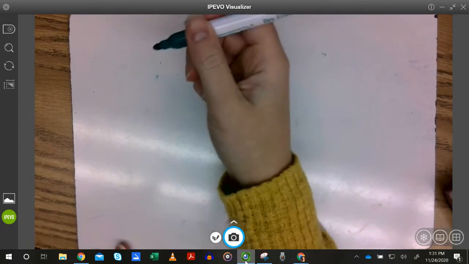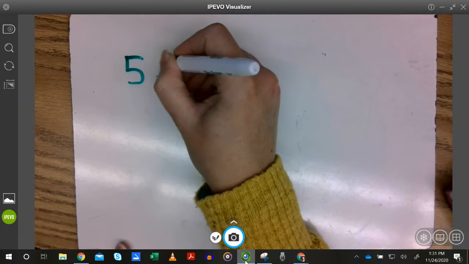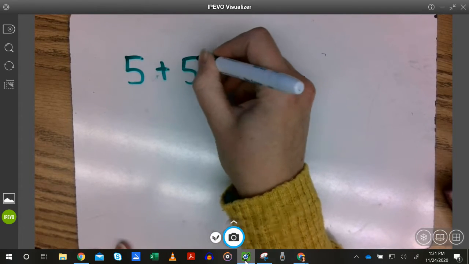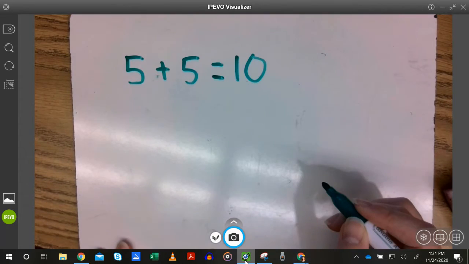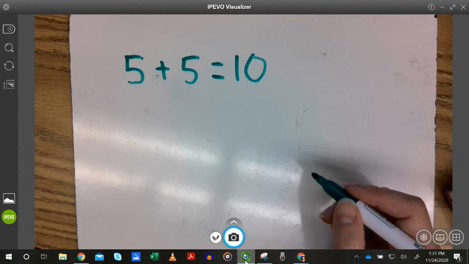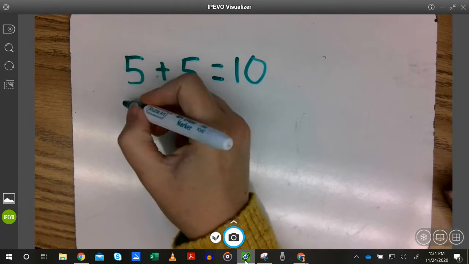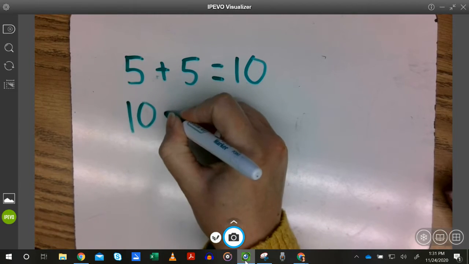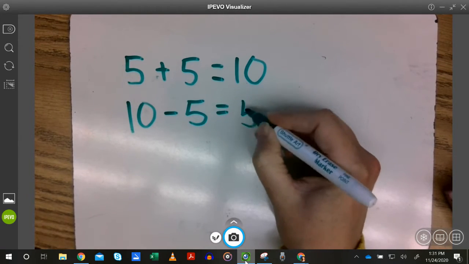I'm going to start with something a little simpler. We're going to do 5 plus 5 equals 10. We know that one quick. It's a doubles fact and a 10 buddy, so we should know that one really well. 10 minus 5 equals 5.